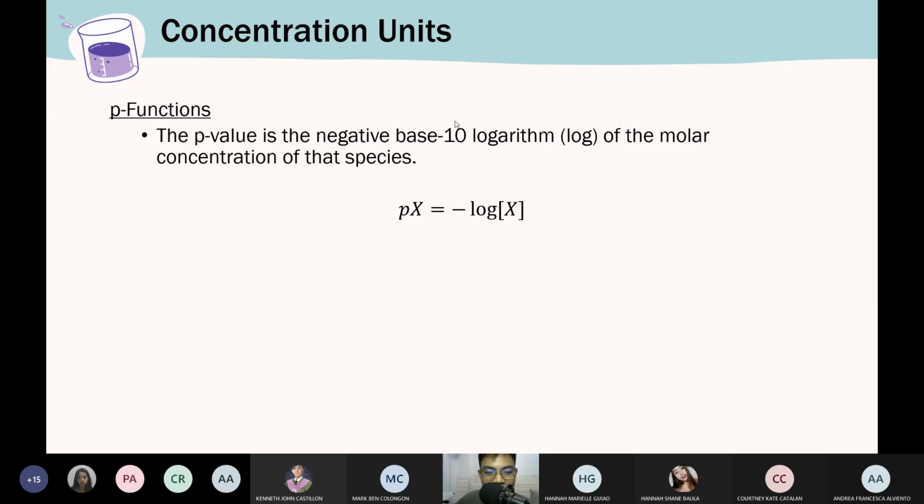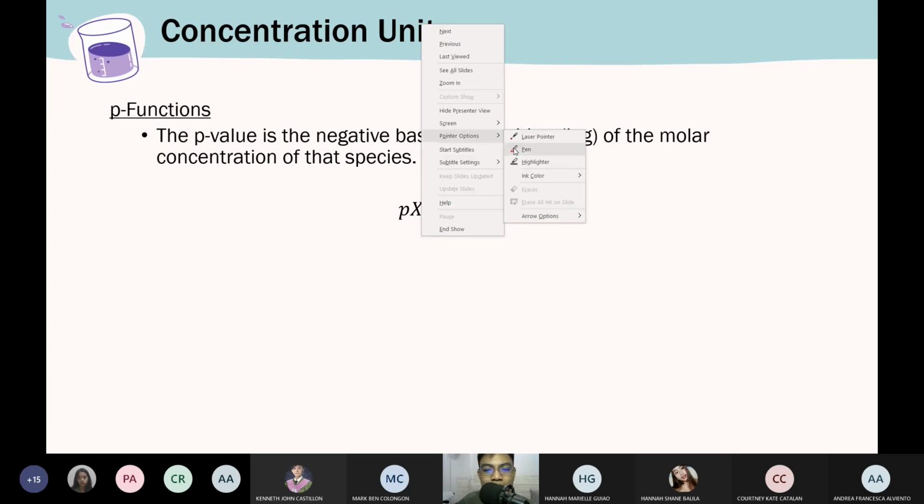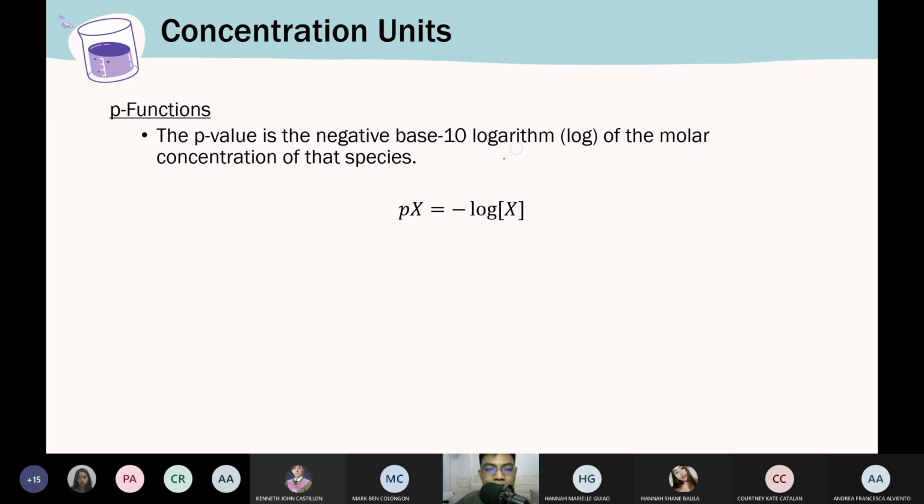Yun na yan. Okay. So, let's say we have P of X, no? You get the negative logarithm of X in molarity. You get Px. Okay? So, ibig sabihin, suppose my compound X is hydrogen. So, meaning pH is equals to negative log of H concentration.